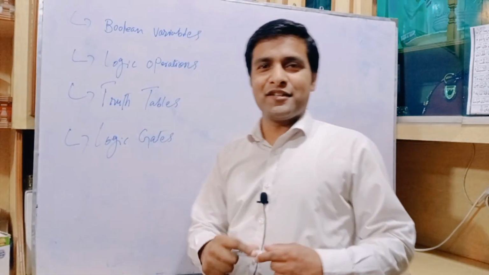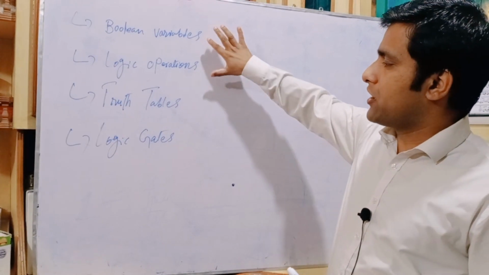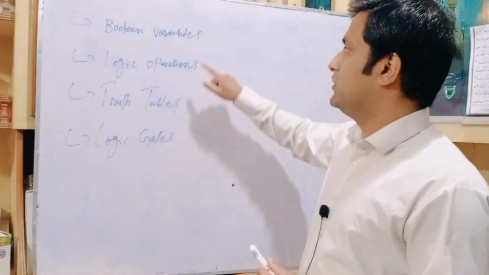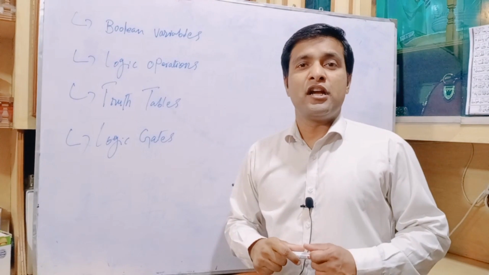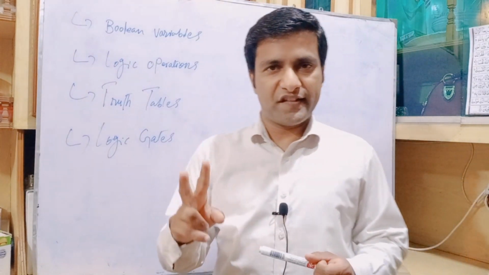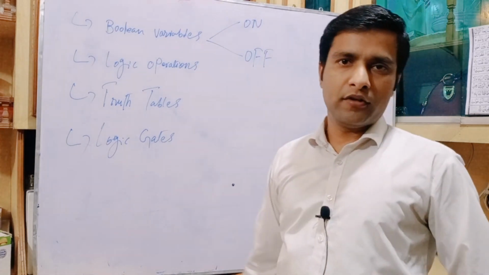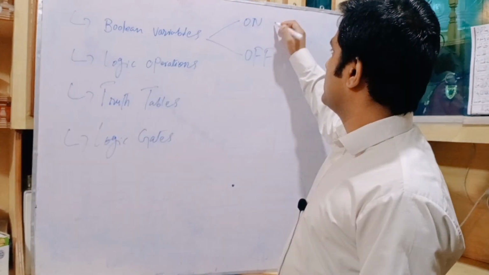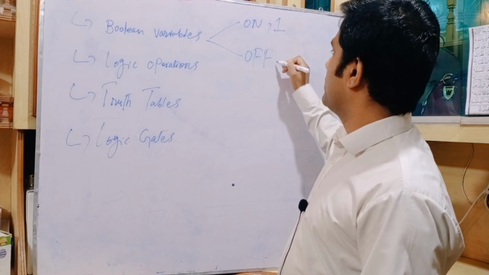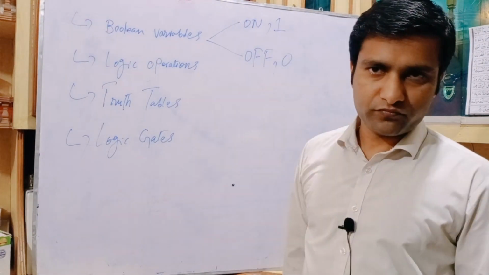Before we move ahead, we need to understand these concepts. What are Boolean variables? Boolean variables are quantities which have only two states. Either it will be on or it will be off. Either it will be 1 or it will be 0.